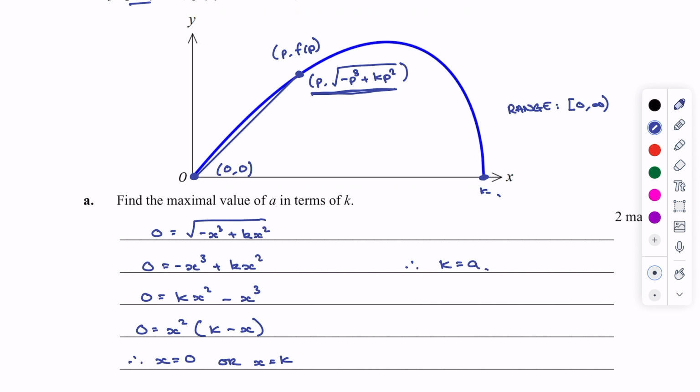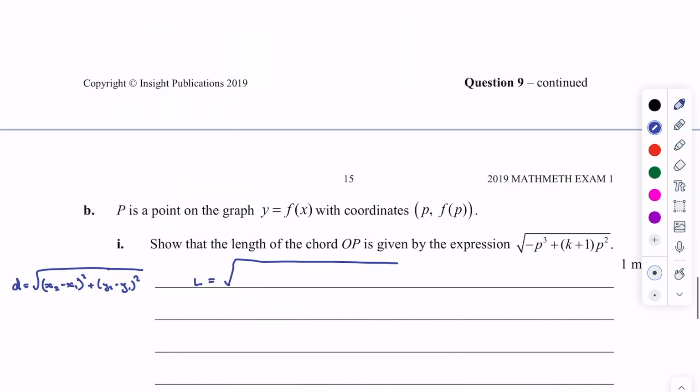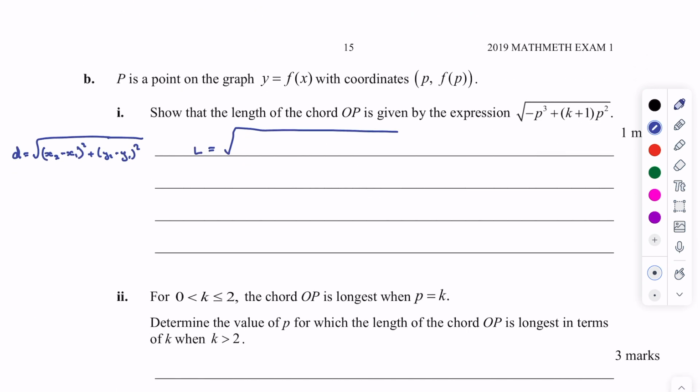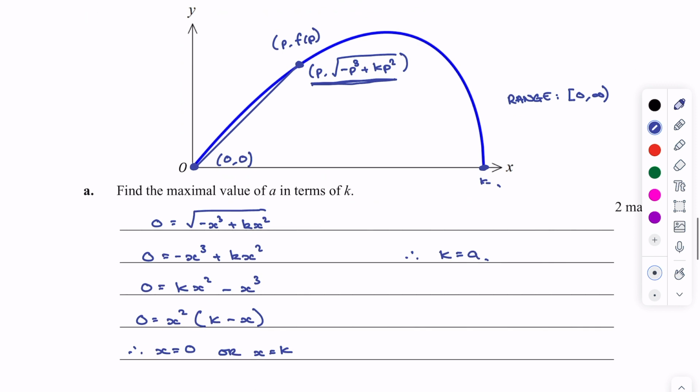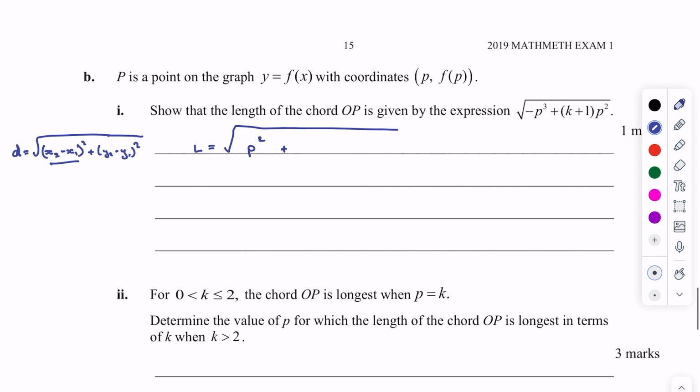So when I go to my equation, when I think about my x2 minus x1, this is just going to be p squared. And then I'm going to be adding the square of this term.